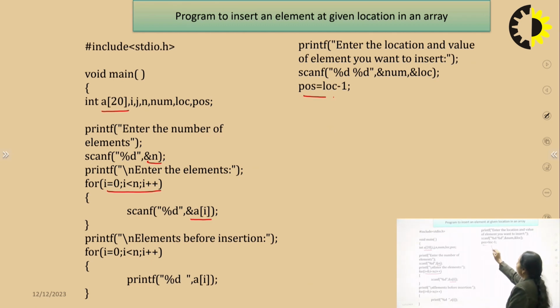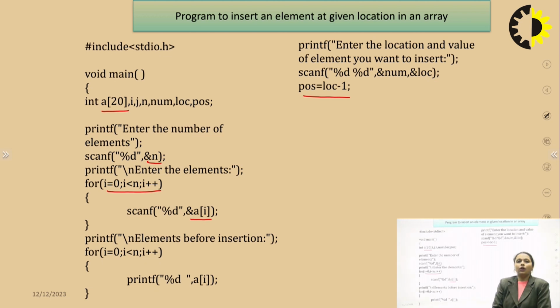So first of all, position is equal to location minus 1. Because, as we know, generally we always start counting from 1. But the constraint with an array is that the index value always starts from 0.